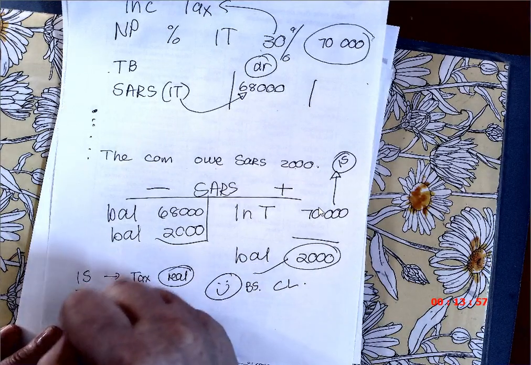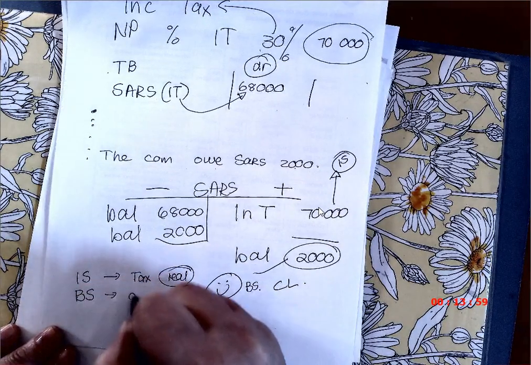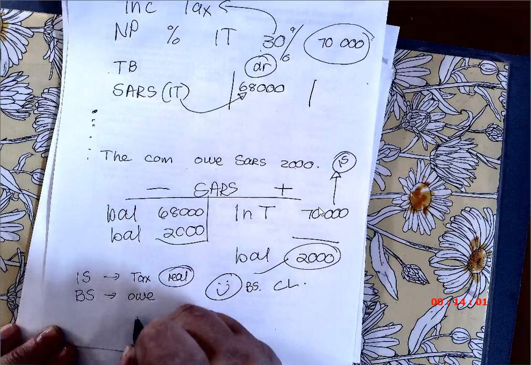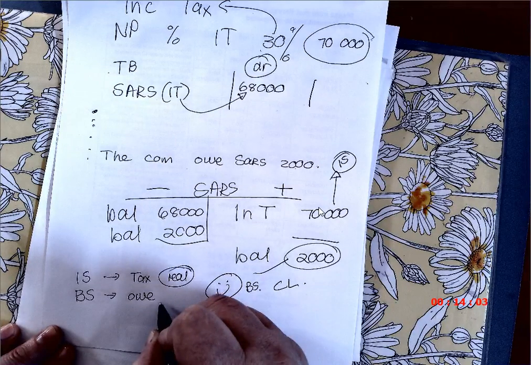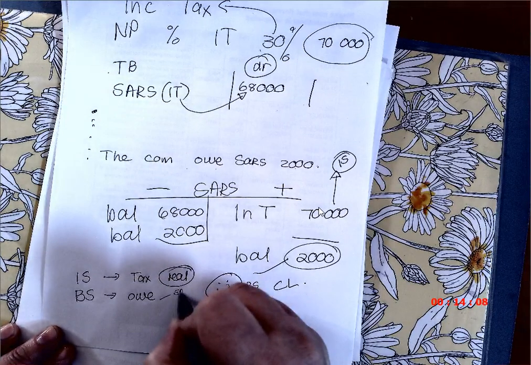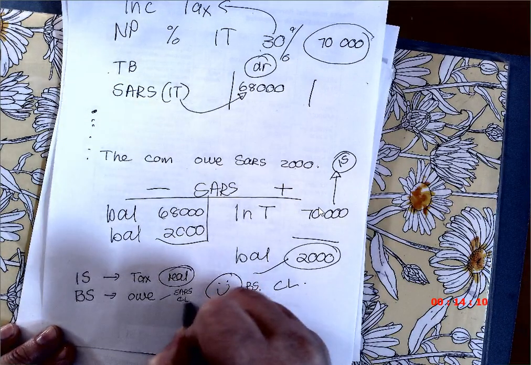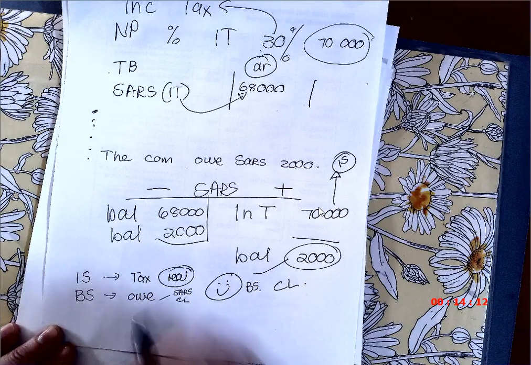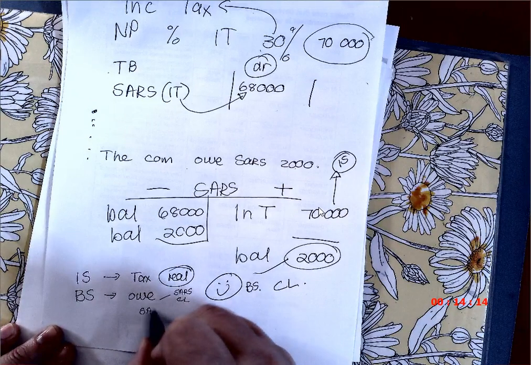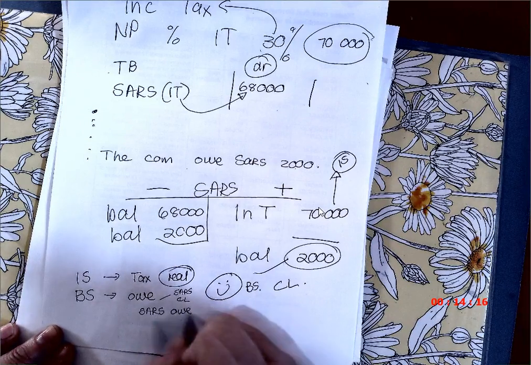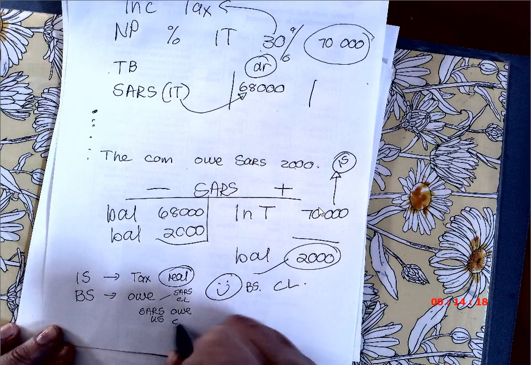Whereas the balance sheet is what part do I still owe? SARS or SARS owes me? If we owe SARS, then it's a current liability, that part. But if SARS owes us, then that part is a current asset.